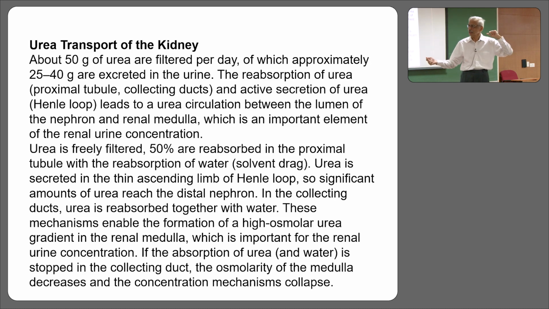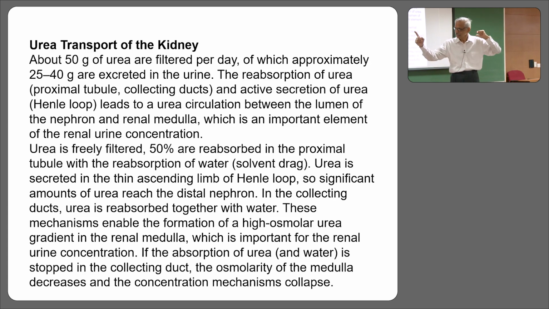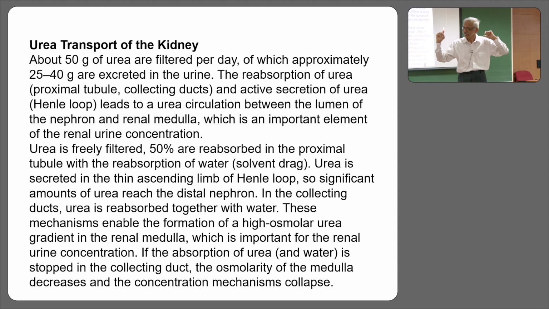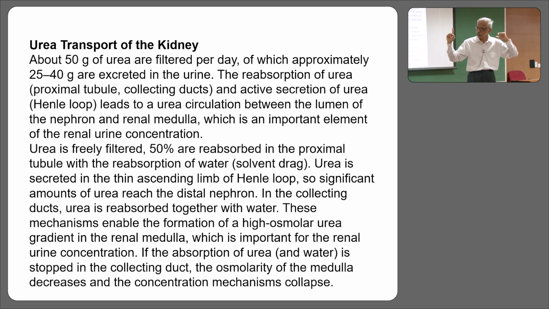Now, you can ask how the shark has been able to maintain such an osmolarity. The answer is urea. The blood urea concentration in the blood of a shark is 100 times more than yours or mine. Then you can ask another question: how does that animal tolerate that urea?